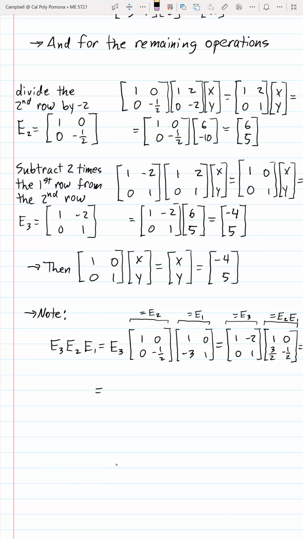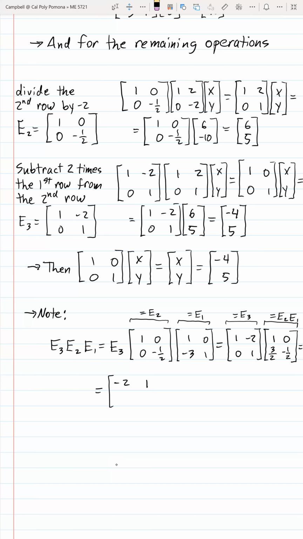So we get 1 times 1 is 1 plus negative 2 times positive 3/2. That's just going to give me a negative 3. And so then I'm going to just get a negative 2 here. Then we're going to have 0 times 1 is 0. We're going to have a negative 2 times negative 1/2. Well, that's just going to be a 1 when I add those together.